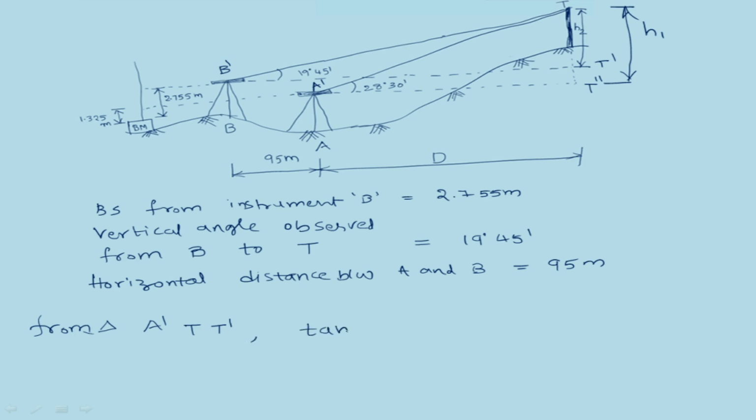We can write tan 28 degrees 30 minutes is equal to H1 divided by capital D. Therefore D tan 28 degrees 30 minutes is H1. H1 is equal to 0.542 D. So this is equation 1.